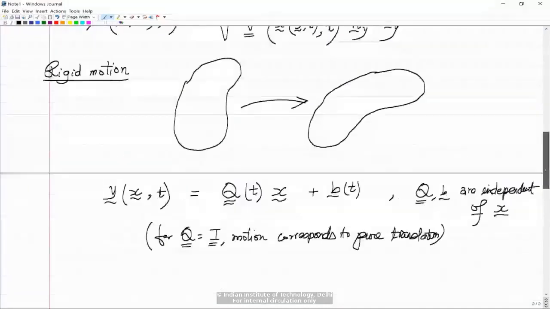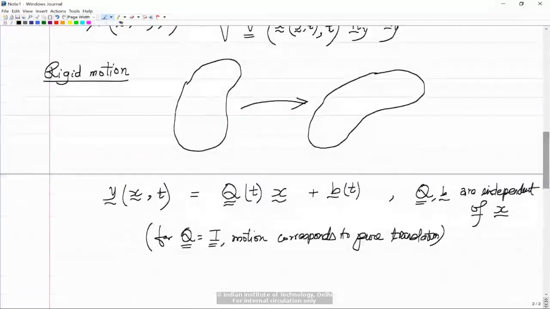Okay, and this by the way has another form also, and let me just mention that to all of you. So often we think that this rotation would be about some point x naught. You can call it x naught, y, or you can also call it z, for example, but it's some point z. So every particle is rotating about the point z.